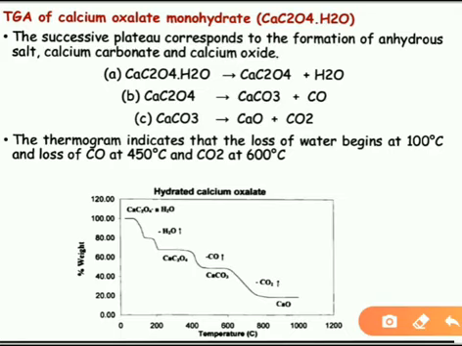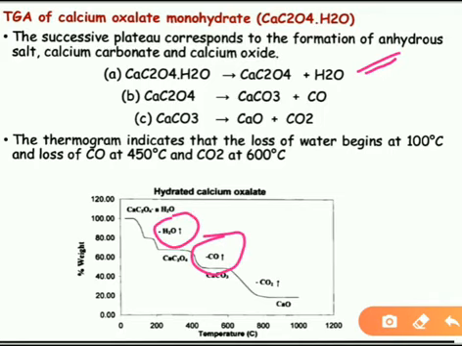Here the calcium oxalate monohydrate loses its water molecule at 100 degrees Celsius. After that it becomes anhydrous around 250 degrees Celsius. It loses its carbon monoxide at 450 degrees Celsius, and gives calcium carbonate. Here we have represented the loss of carbon monoxide, and here the loss of the water molecule.